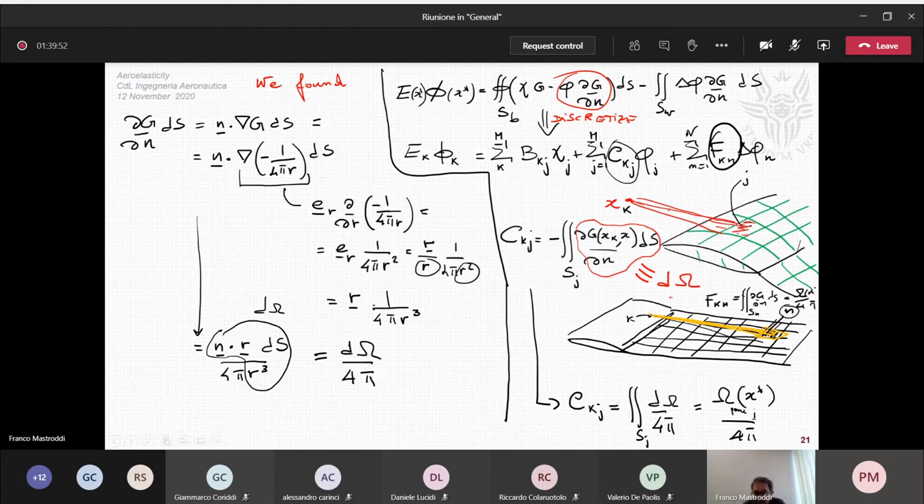Okay? And therefore, the larger the distance between the wake panel and the body, the lower is the relevance and the value of this F_k contribution. So you can drop the panel from the wake length on.